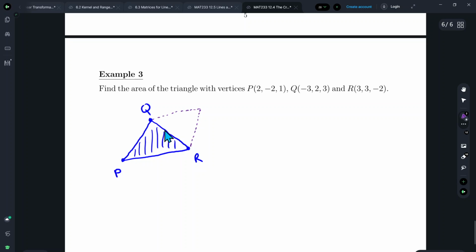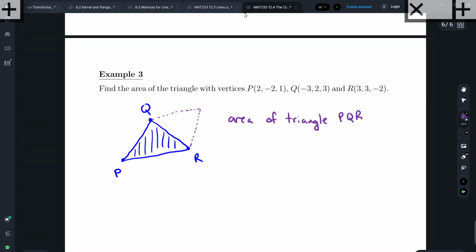This is not very exact, but this triangle and this triangle are supposed to be exactly the same, so two copies of the triangle arranged in this way form a parallelogram. So the area of the triangle PQR is equal to 1/2 the area of the parallelogram.